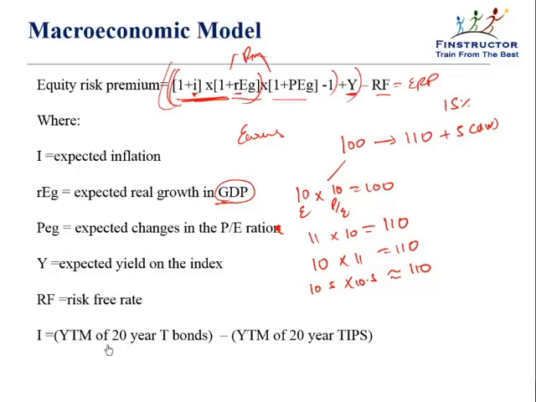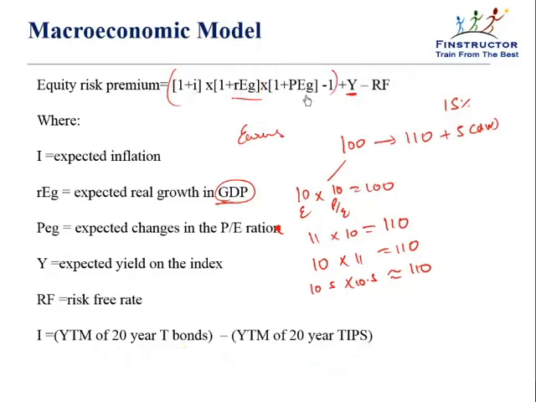Inflation in the macroeconomic model is the yield on 20-year treasury bonds minus the yield on 20-year TIPS. TIPS are inflation protected bonds. So the yield here will be the real yield and the real yield here will be the nominal yield. The nominal minus the real is nothing but inflation.